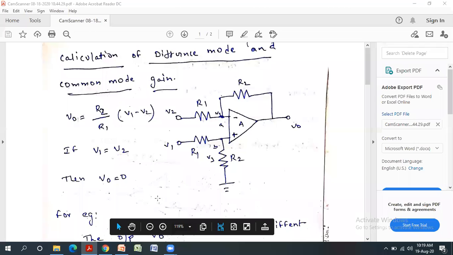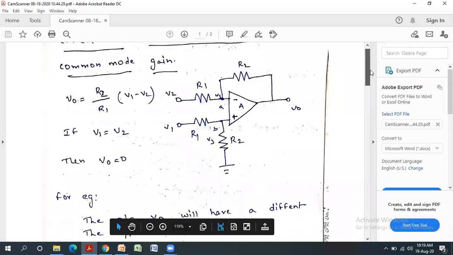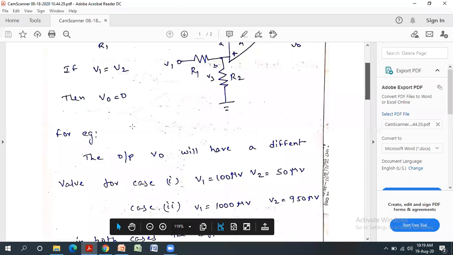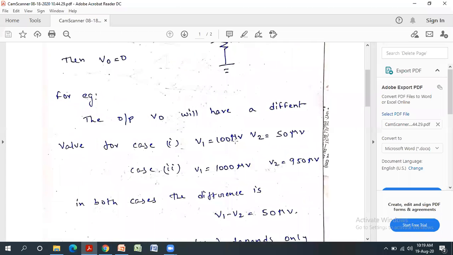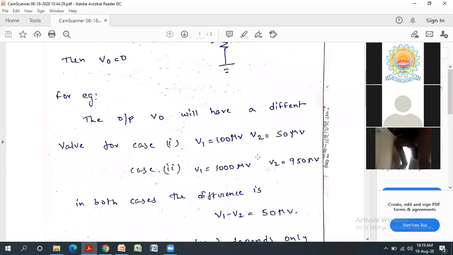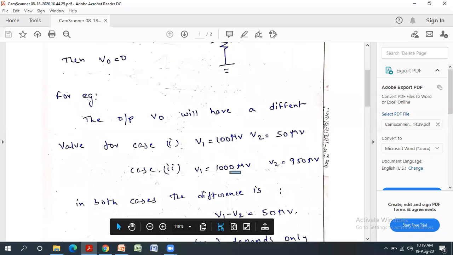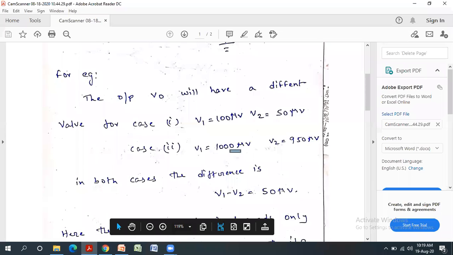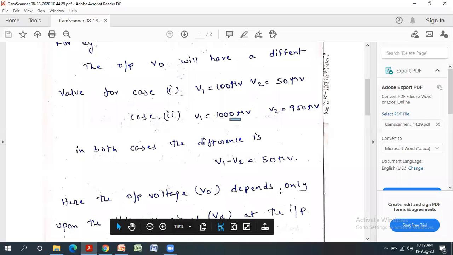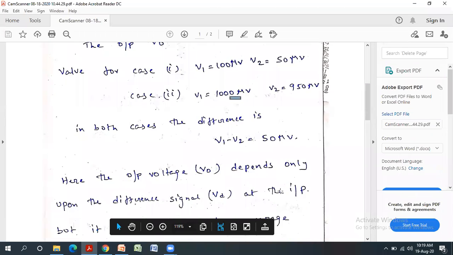For example, if we see here, V1 is 100 microvolts and V2 is 50 microvolts in case 1, and V1 is 1000 millivolts and V2 is 950 millivolts. In both cases there is a difference of 50 microvolts. So here the output voltage depends upon the difference of input voltage.